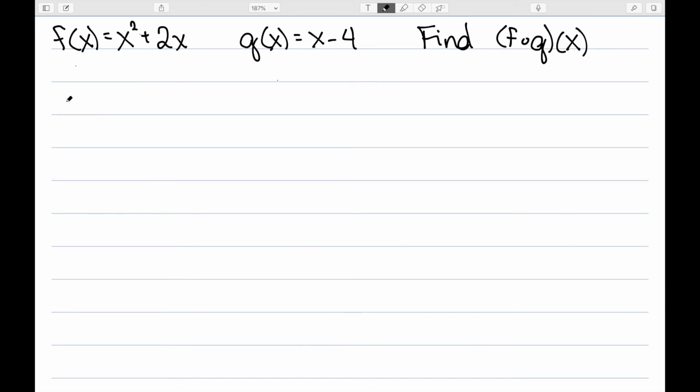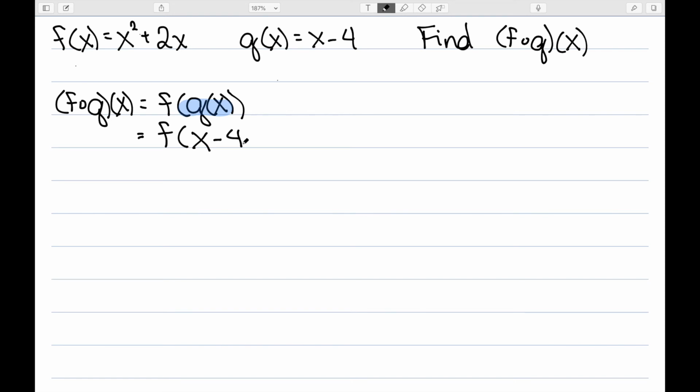I now want to find the general form for f of g of x. This means f of g of x. So once again, I'm going to start on the inside. I don't really know much about g, other than the fact that it's equal to x minus 4. So I'm going to replace g of x with x minus 4.